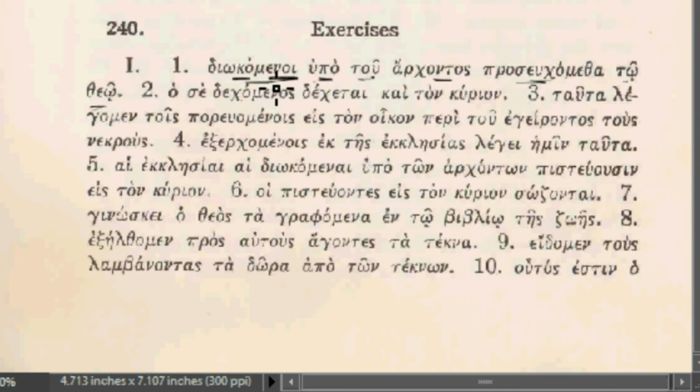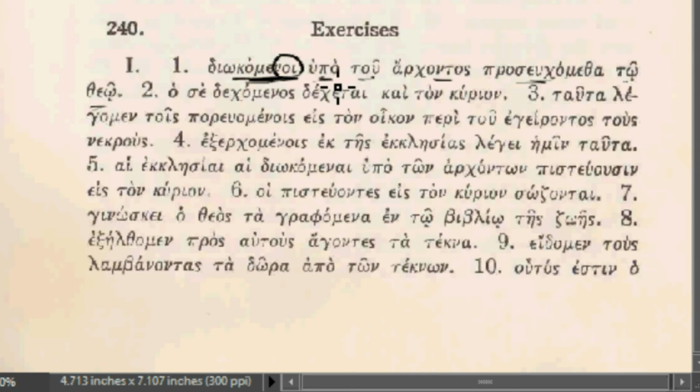First of all, it is middle or passive, and I'm going to assume passive. It's in the nominative, masculine, plural. So diokomenoi, being persecuted, and because it's in the nominative, I know that it's somehow going to be describing that which is otherwise the subject of this sentence.